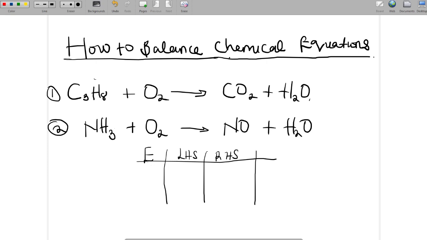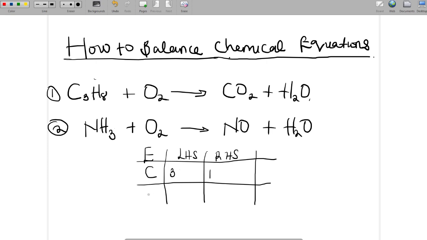The first one is C. How many atoms do we have on the left? We have a 3. And on the right, we have just 1.